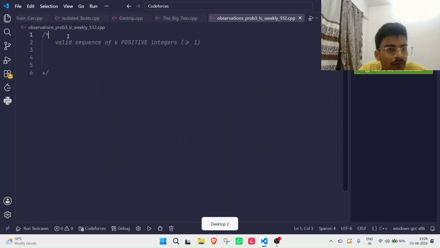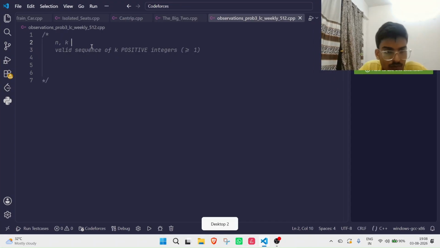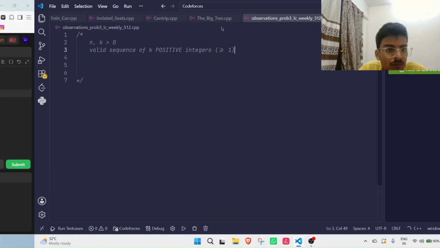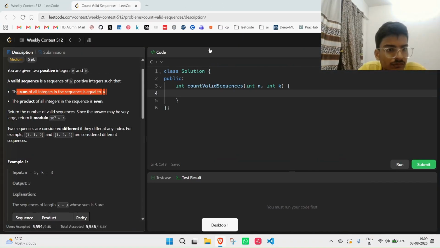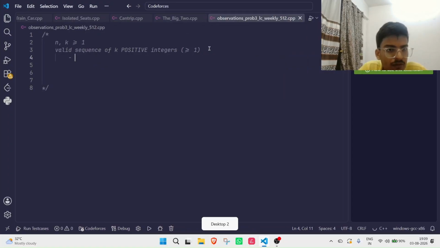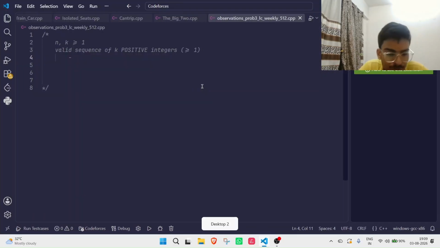Okay, n and k are positive. n comma k is greater than 0. So we have to write this. What is the correct sequence? The sum of all integers in the sequence is equal to n. The sum of all k elements is equal to n.